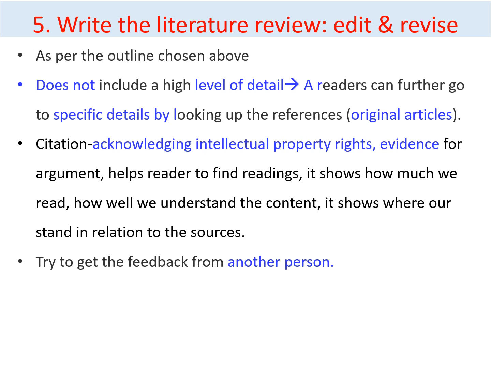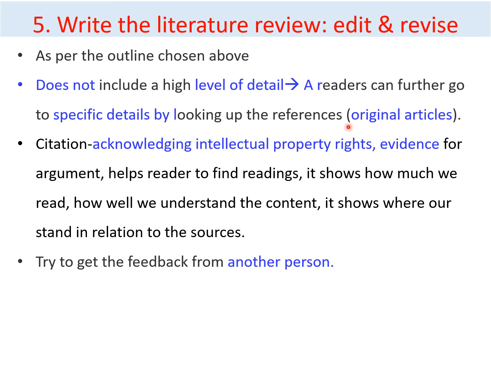The fifth step is writing the literature review. As per the outline chosen above, we have to write our literature review from the literature review matrix. While we write our literature review, we have to edit and revise as required many times. Our literature review does not include a high level of detail because a reader can go to specific details by looking up the references.